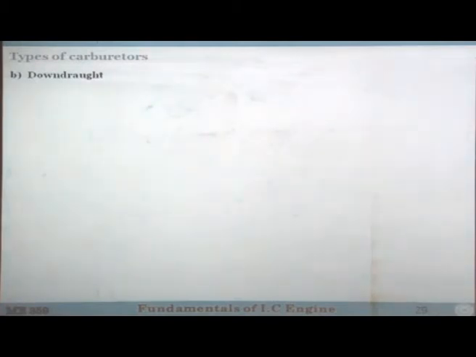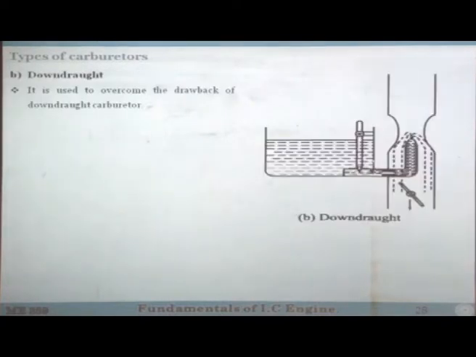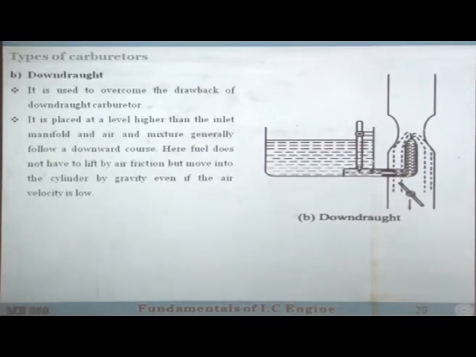So, in the first case, the air velocity has to be a certain minimum level in order for the droplets to move into the combustion chamber, otherwise they will not be able to lift. But here there is no such issue, they will come down because of the gravity. But then the thing is that this has to be located at a level higher than the engine cylinder.